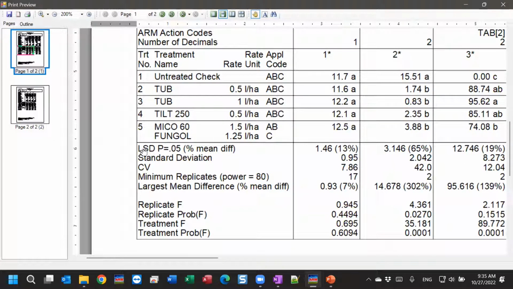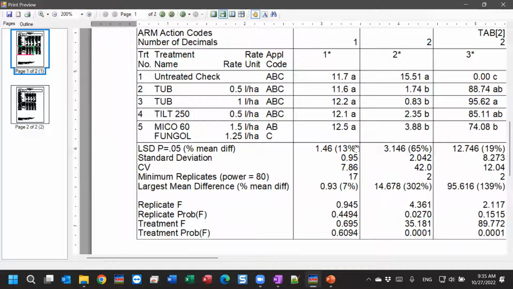On the LSD up here, we have an additional value, a percent mean difference, and that's comparing the LSD, which was our 1.46 that was calculated. How big of a percent difference is that? Really, that LSD represents the best chance we have at finding significance.